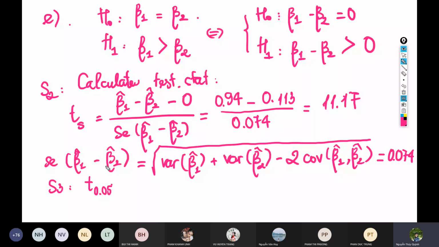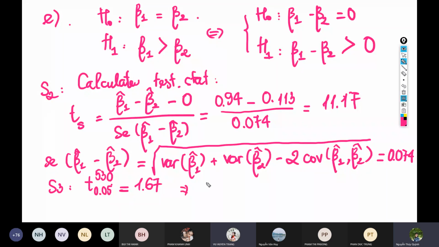And what is the critical value of t? Look it up for me. 1.67. All right.